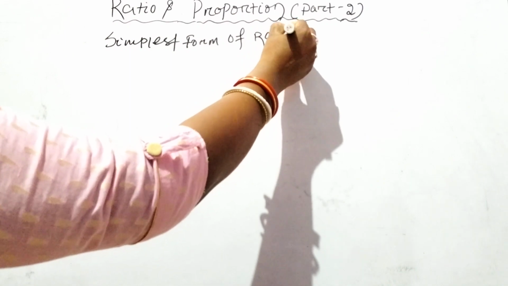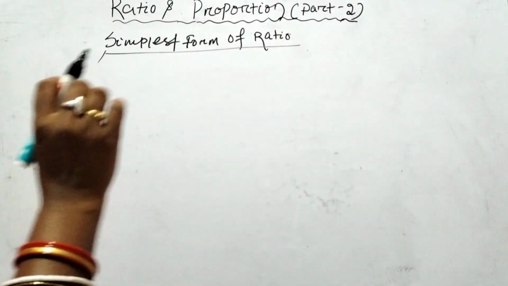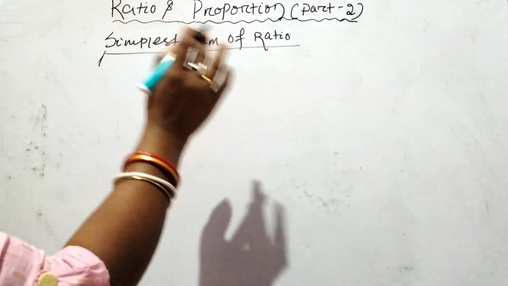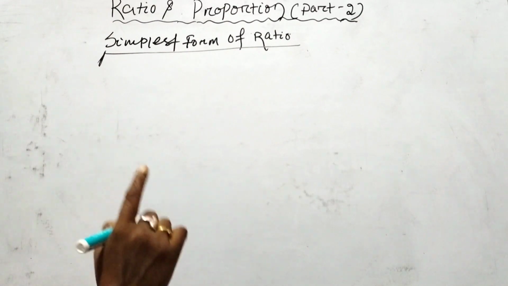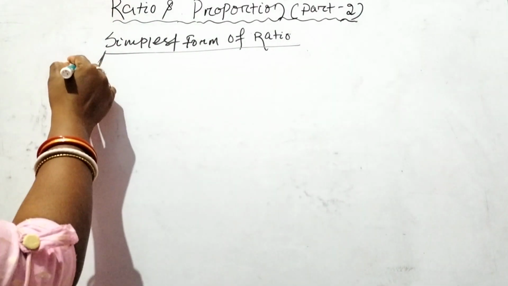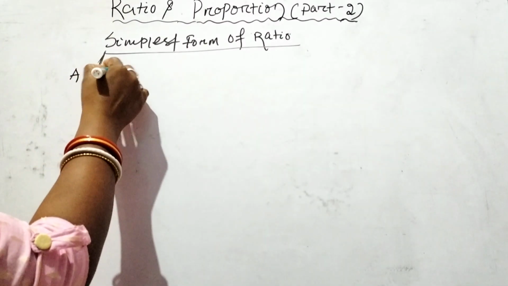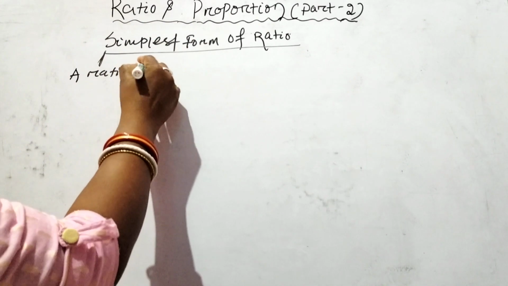As you know, the simplest form is also known as the reduced form, the lowest form, or the standard form. A ratio is said to be in its simplest form.